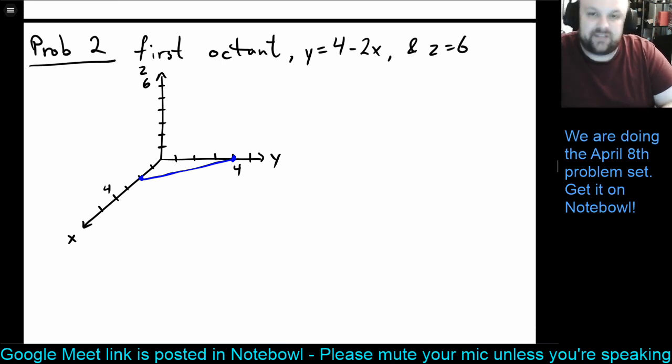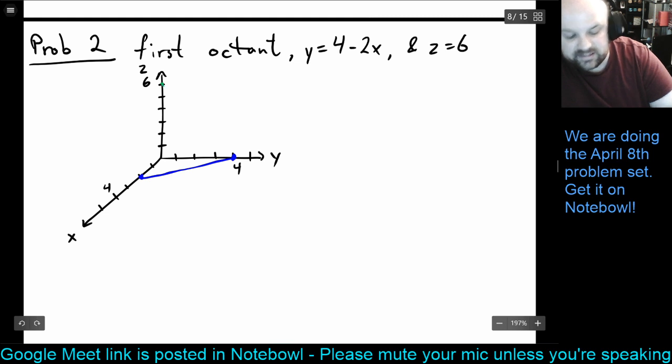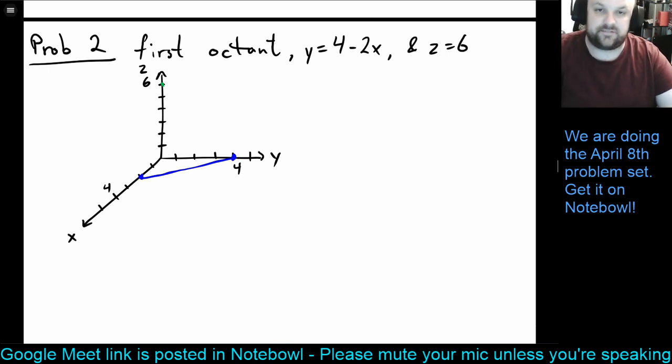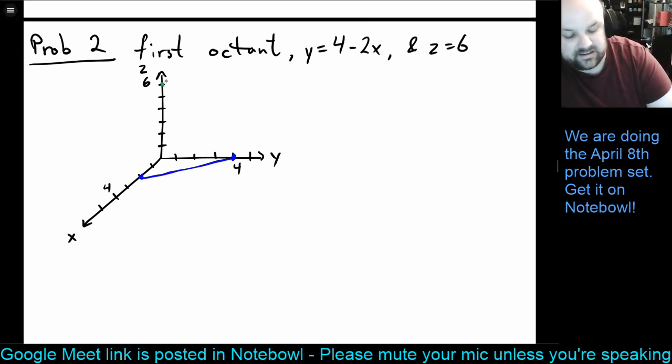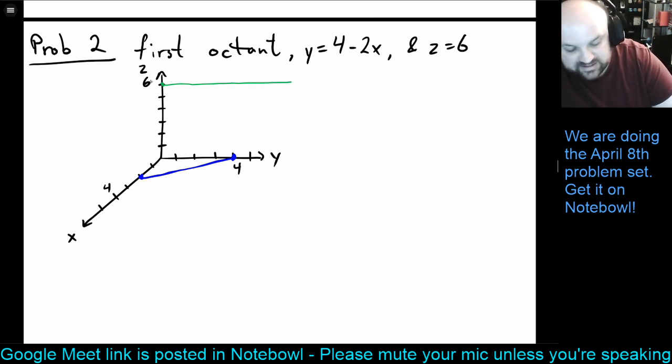So how do we kind of cut this off? Well, we can look at what the plane z equals 6 is doing. The plane z equals 6 is going to hit this value right here, and it's going to be parallel to the xy plane, so parallel to this floor. So the way it intersects the yz plane is just a horizontal line. And the way it intersects the xz plane is another horizontal line. When we draw this line for the intersection with the xz plane, we want to make sure it's parallel to the x-axis, right?